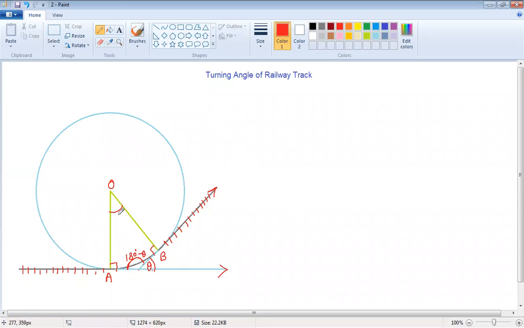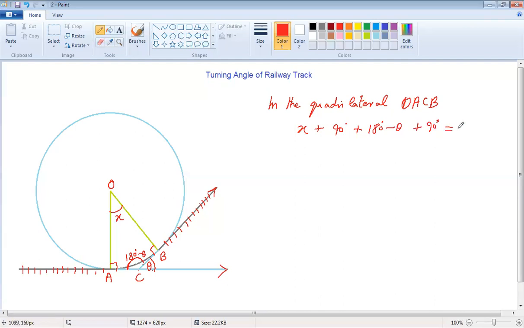So if this angle is suppose x, the unknown angle, and this point is suppose C, in the quadrilateral OACB, angle x plus 90 degree plus 180 degree minus theta plus 90 degree is equal to 360 degree. 90 plus 180 plus 90 is how much?